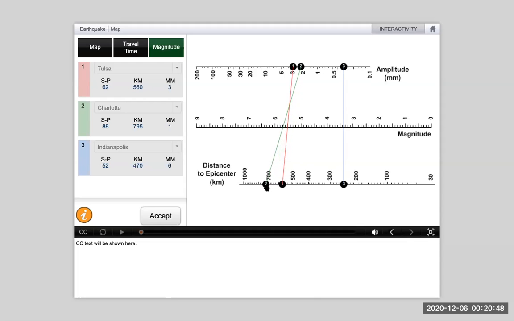So there's 700. That's probably 800 right there, so it's going to be more or less there. It had an amplitude of 1 millimeter. And then Indianapolis had an amplitude of 6 millimeters on the seismogram and is 470, again, I'm estimating here, kilometers from the epicenter.